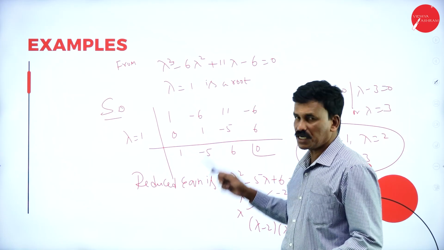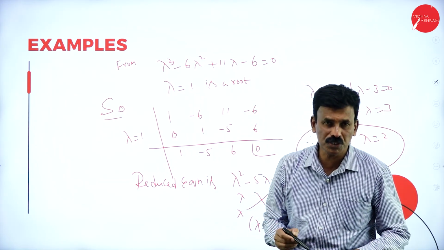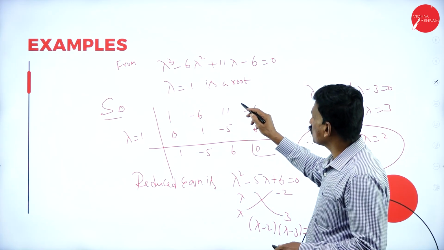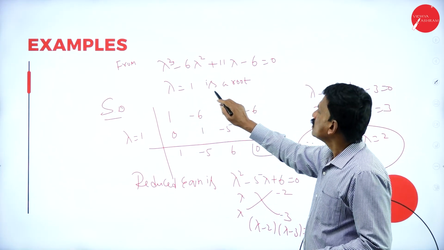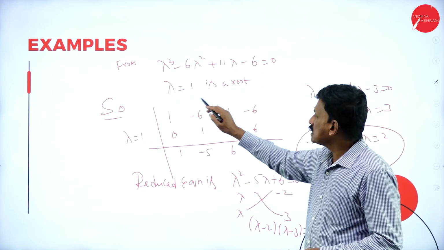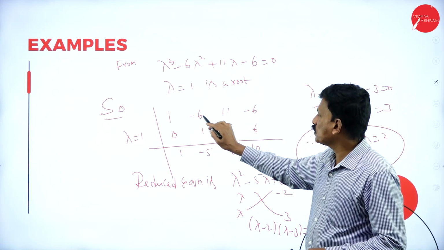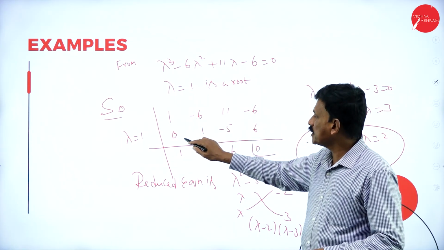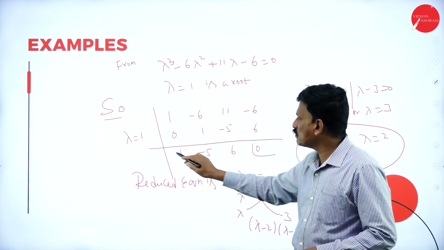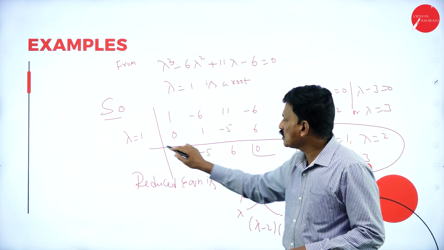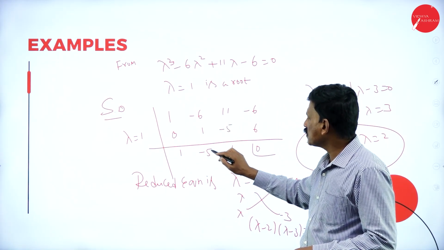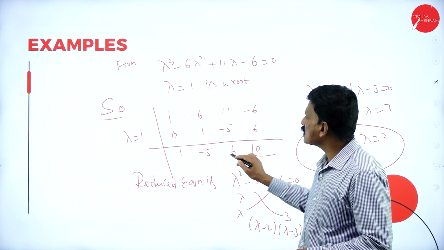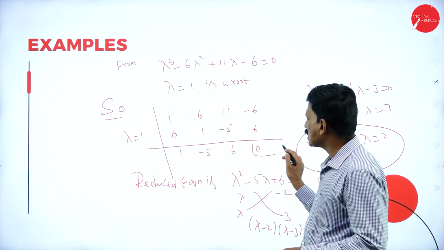If you get a third order equation, just find out a root. So lambda is equal to 1 is a root. Then using synthetic division, write down the coefficients of lambda cube, lambda square, lambda and the constant. Below the first, write down 0, add this, 1 plus 0 is 1, multiply with this lambda value. 1 into 1 is 1, minus 6 plus 1 is minus 5, again 1 into minus 5 is minus 5, 11 minus 5 is 6, 6 into 1 is 6, minus 6 plus 6 gets cancelled, 0.